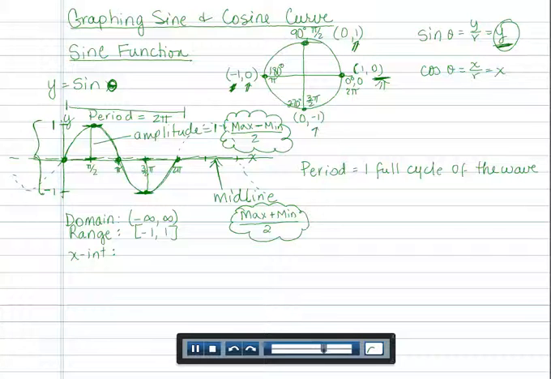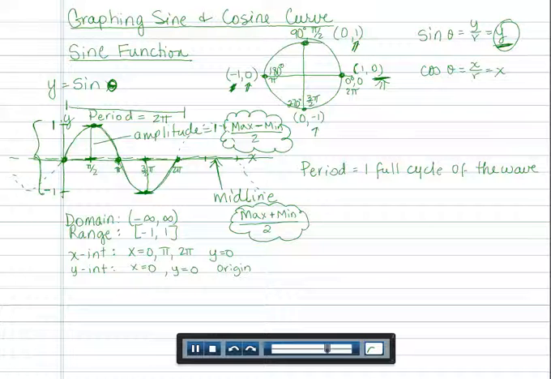Well, the first intercept happens to be when x is 0, then when x is pi, then when x is 2 pi. At these points the y value is 0. That's where we cross the x-axis. For the y-intercept, the y-intercept is going to happen when x equals 0. That's when we have y equals 0, or basically the origin.